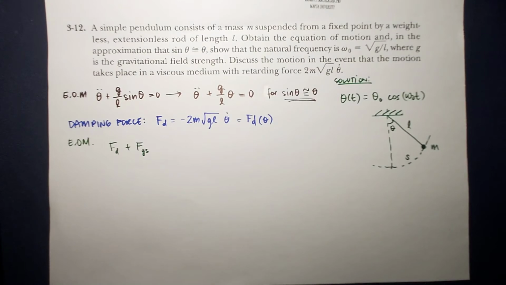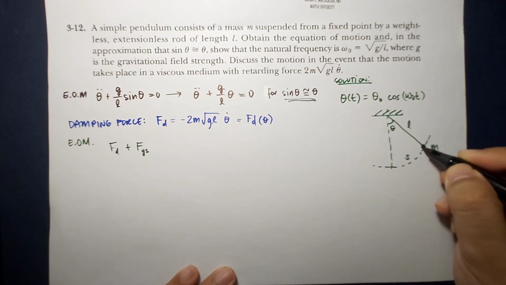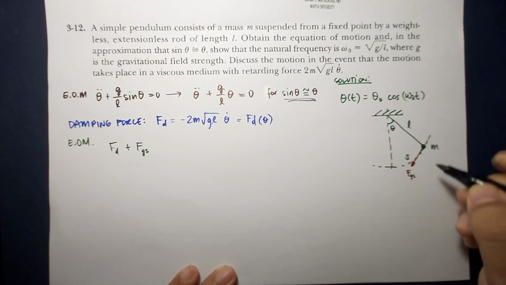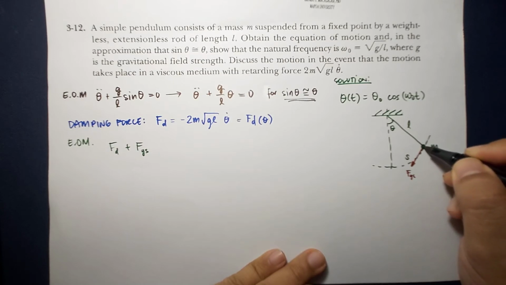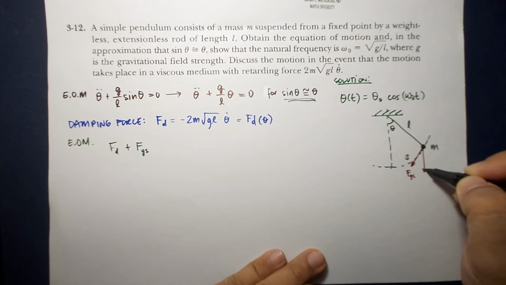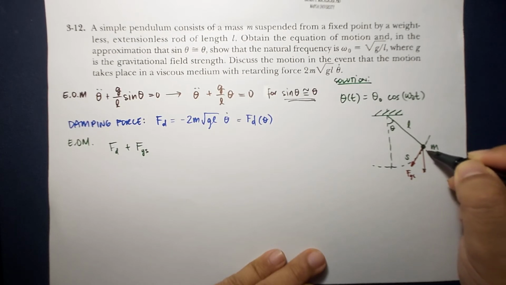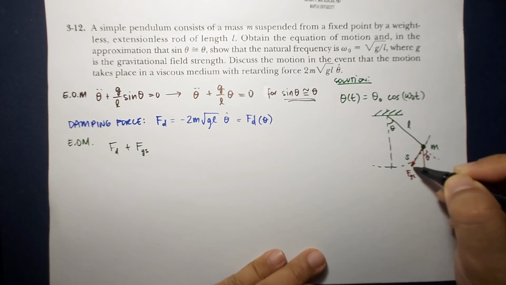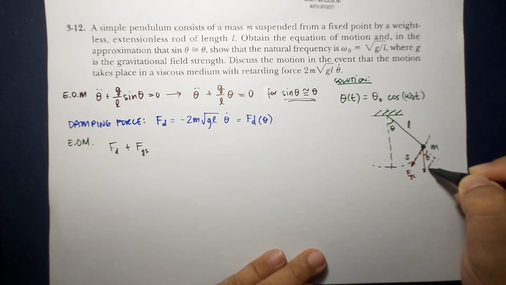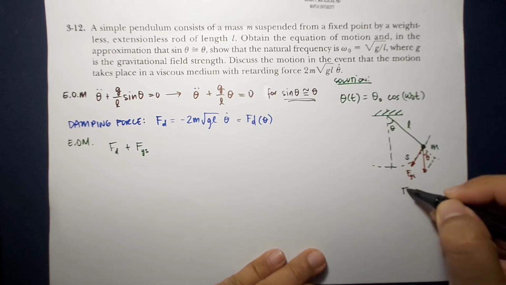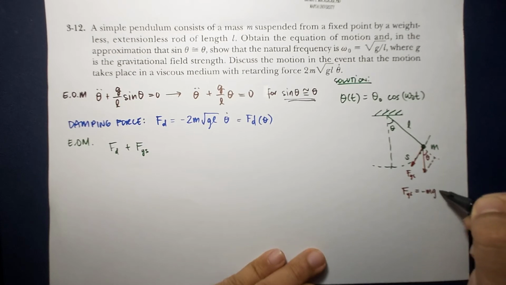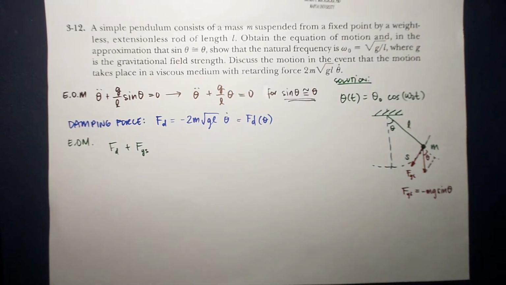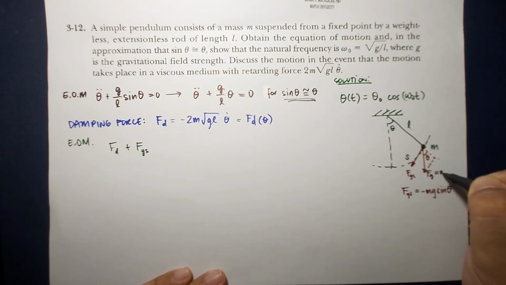The force along that direction, F_Gs, is equal to negative mg sine theta, where this is F_G, which is mg.